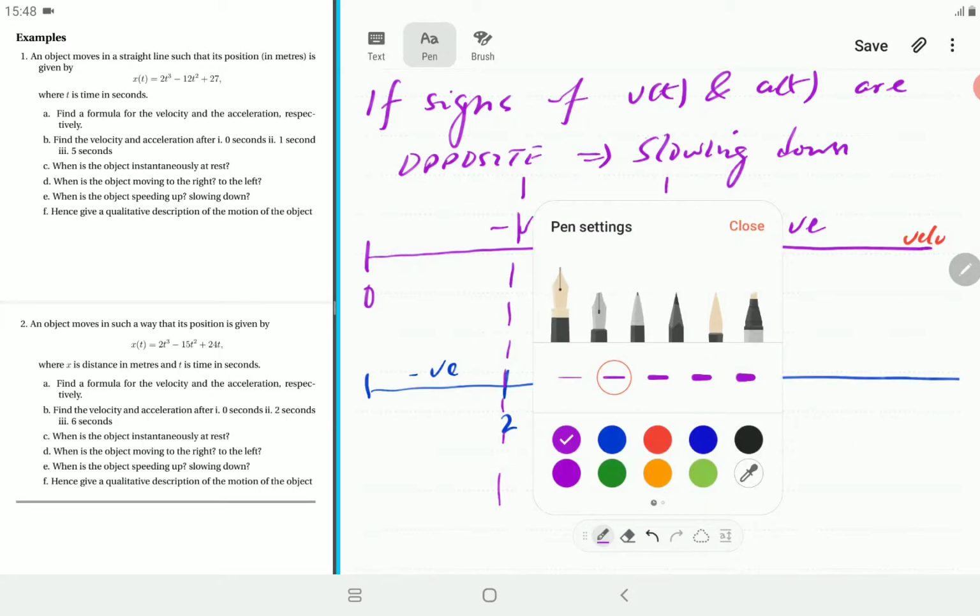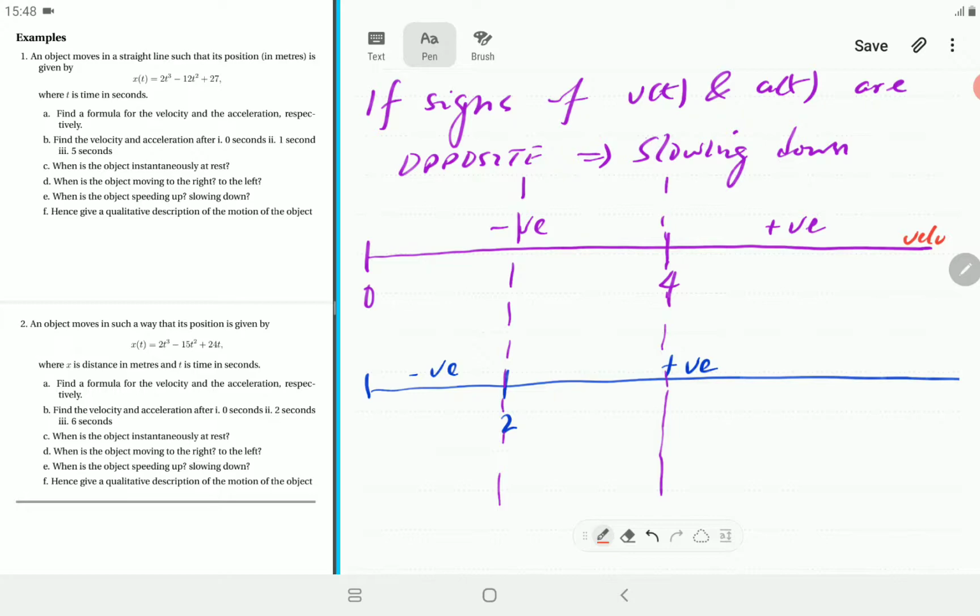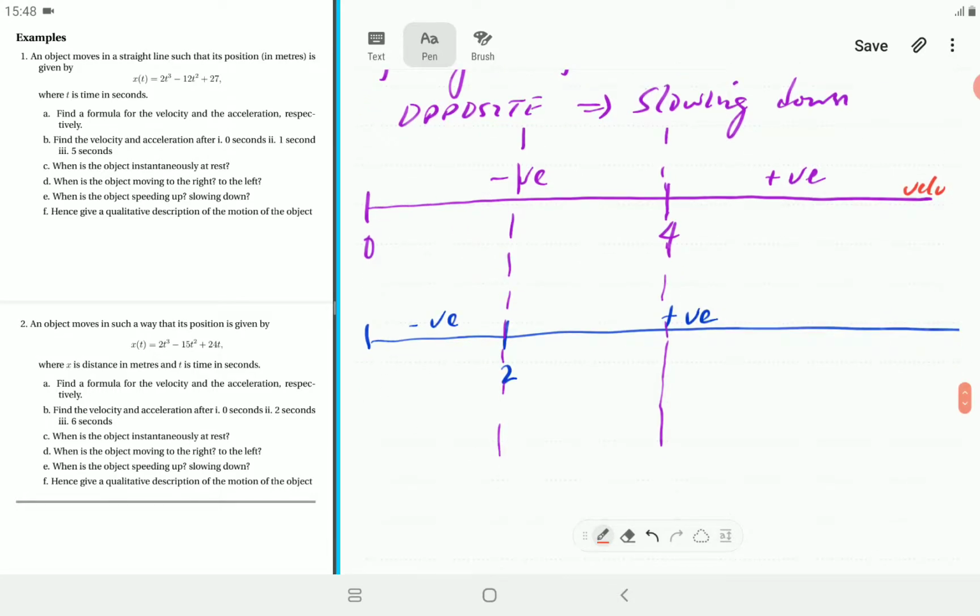Now remember, when the signs agree, we have speeding up. When the signs are contradicting, we have slowing down. So in this first region, velocity is negative, acceleration is negative. So we've got speeding up.